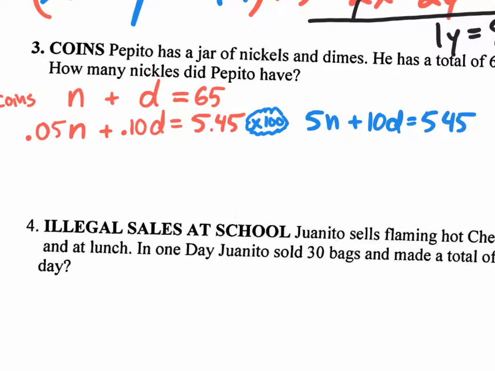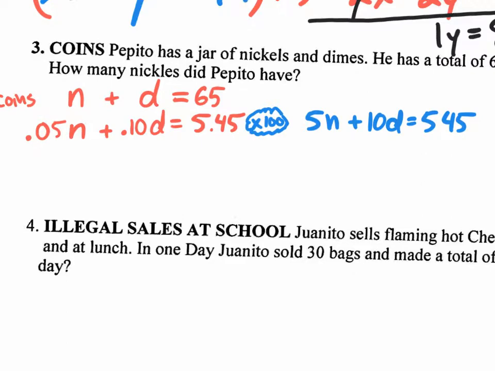Top equation, what could I do to that top equation to get either n's or d's to cancel? Multiply it by -5? Can't you divide the bottom by 5? We could, if we wanted to, divide the bottom equation by 5 to make it a little easier. But let's not confuse anybody. Let's just go with it. Let's change that top equation to a -5n so it could cancel out with the positive 5n.